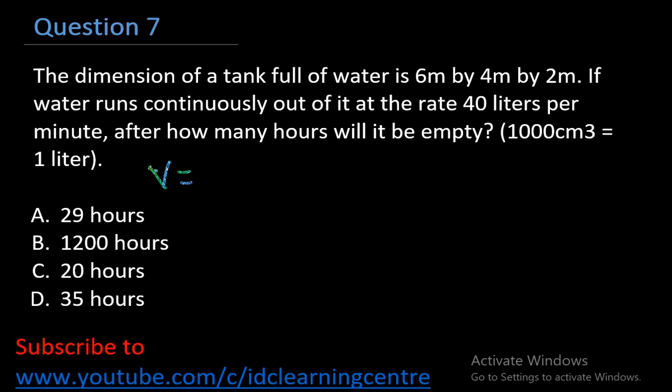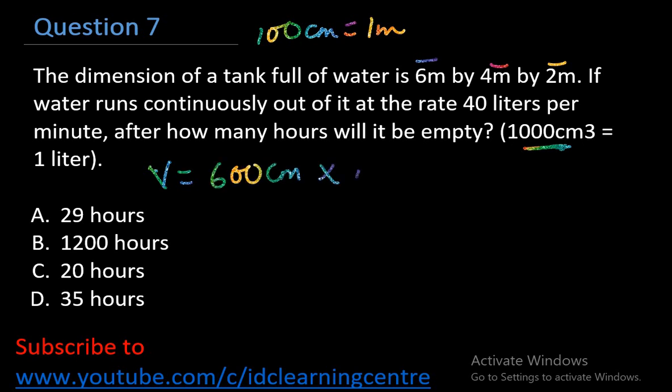Since they gave us this unit, that 1000 centimeter cube is equal to 1 liter, I'm going to change each value to centimeters by multiplying by 100, since 100 centimeters is equal to 1 meter. So it will give me 600 centimeters times 400 centimeters times 200 centimeters.